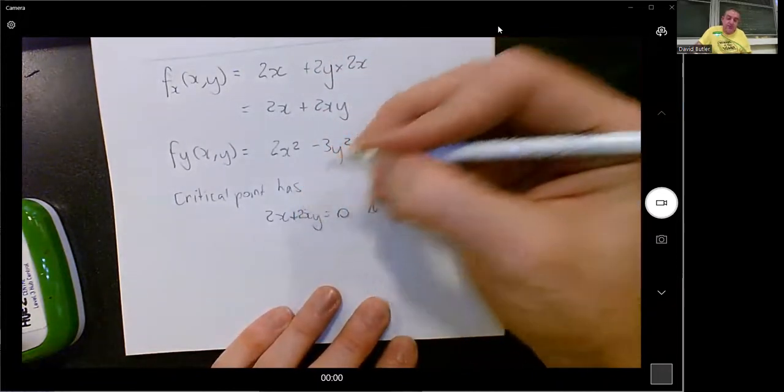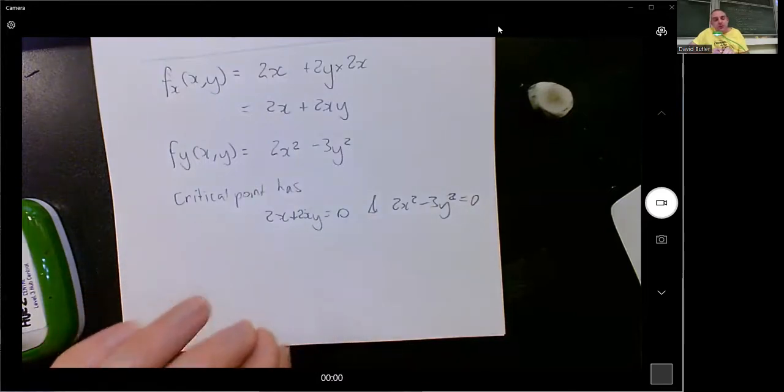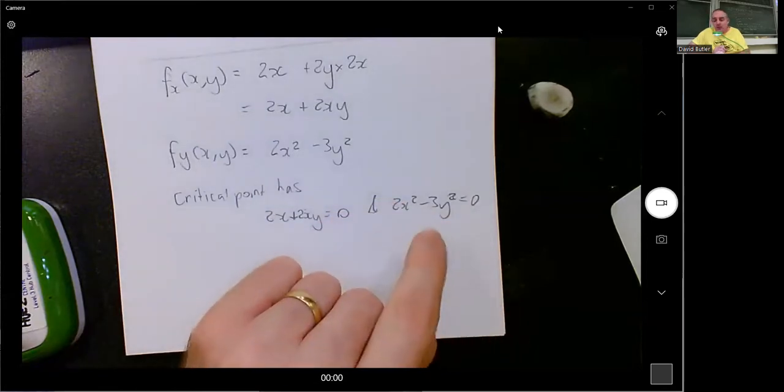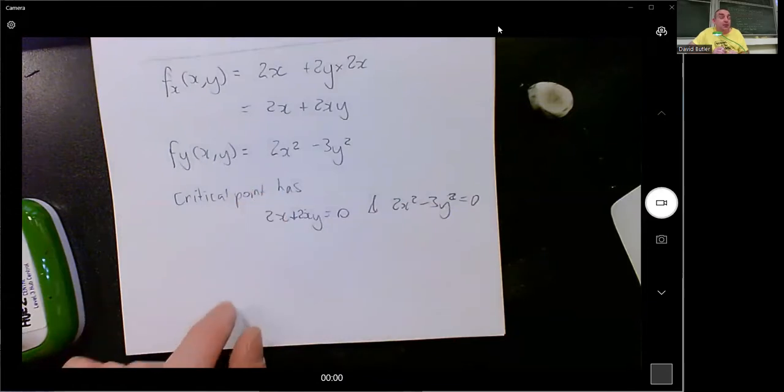There are many ways to deal with this, and you just have to figure it out when you get there. Usually one of them is easier to solve than the other. Sometimes you can solve one to figure out specific answers for x and y and then sub those into the other one. Sometimes you can solve one to figure out y in terms of x and then sub that into the other one and it tells you what the x's are.